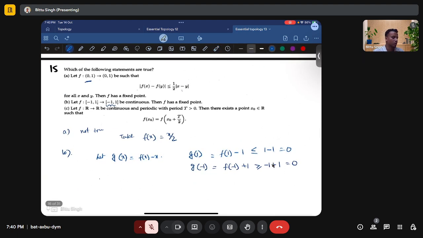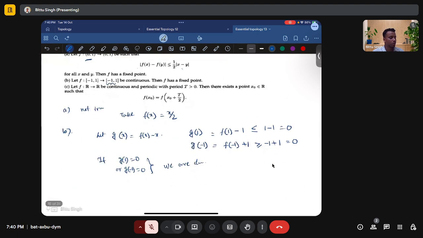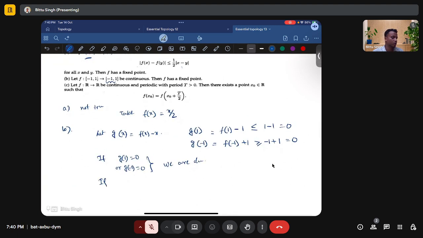So if g(1) equals 0 or g(-1) equals 0, we are done. If not, then g(1) is strictly less than 0 and g(-1) is strictly greater than 0.